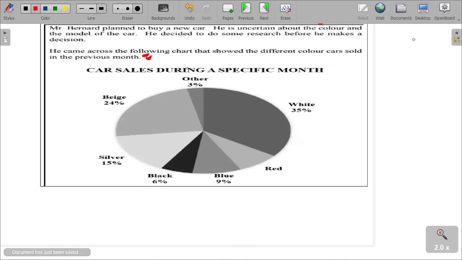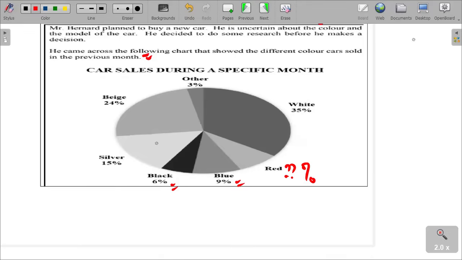So for the cars sold during a specific month, we have 3% other, beige 24%, silver 15%, black 6%, blue 9%, red is not given, it is not known how much percentage, and white 35%.